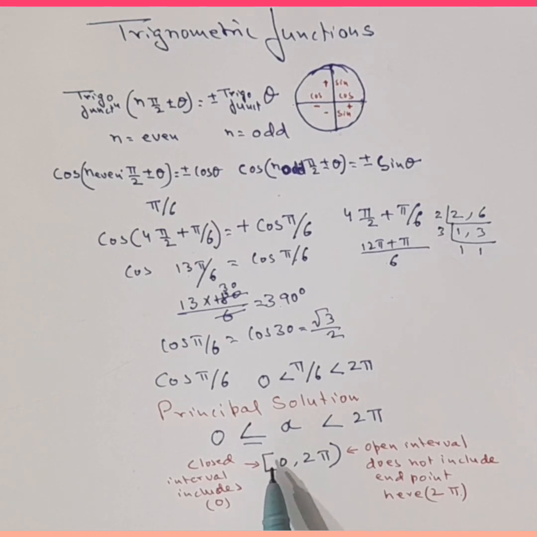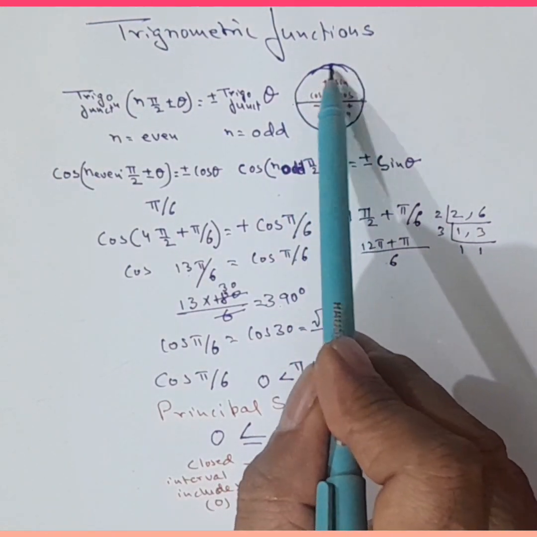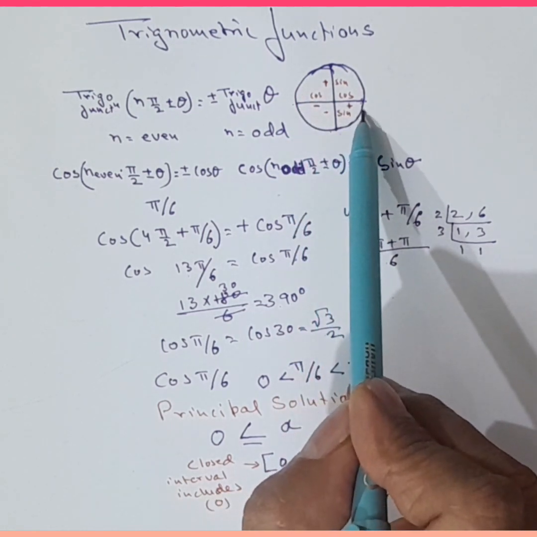Now this is what is called a closed interval, which includes 0, the starting point, and this is an open interval. For an open interval, it does not include the end point, that is here it is 2 pi. So this is what a principal solution is. Principal solutions are those values which fall from 0 to less than 2 pi.